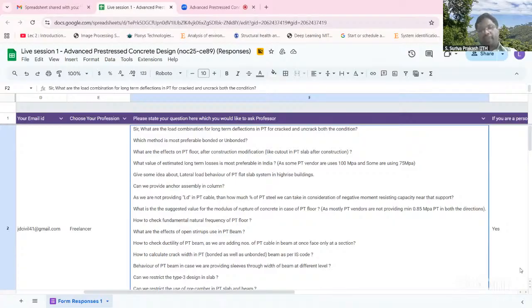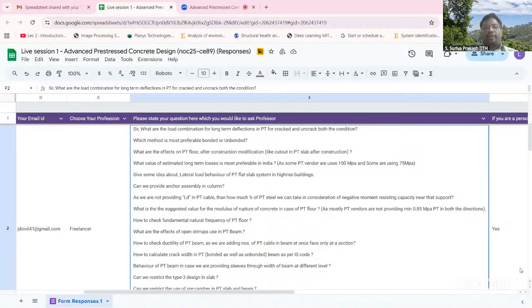But creep is the main factor. Creep loss depends upon what kind of concrete, what kind of mix design, and what kind of water-cement ratio you have in your system. That will play a role. But initial stretching, as we've explained in the lecture modules, goes up to 75% of your ultimate strength, so 0.75 times your fpu is the initial stretching that we put.